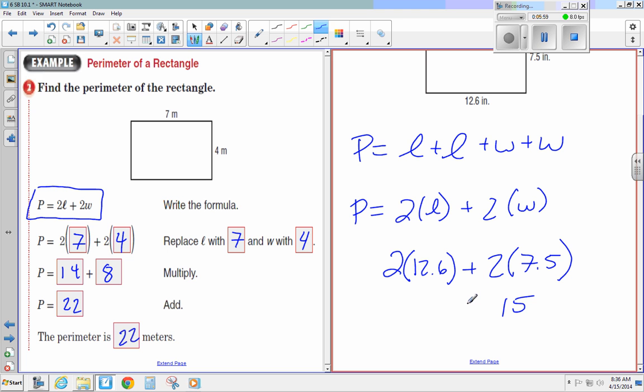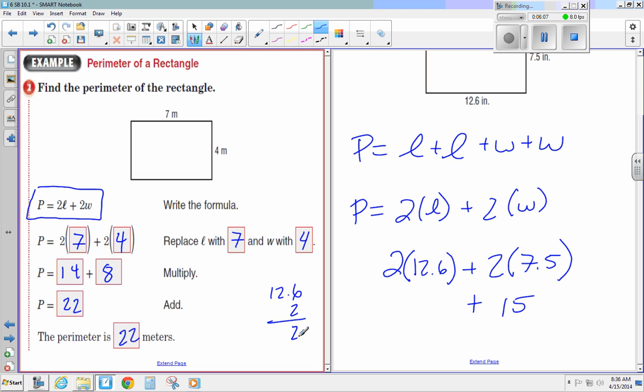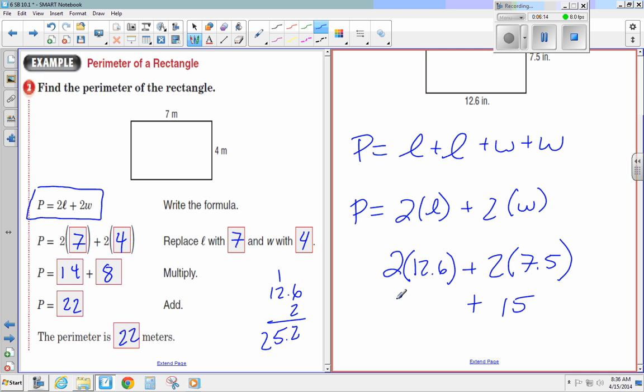That's 25.2, and 2 times 7.5 is 15. 25.2 plus 15 should give us 40.2 inches. This is the perimeter. If you added them all up, you would still end up with 40.2 as the perimeter.